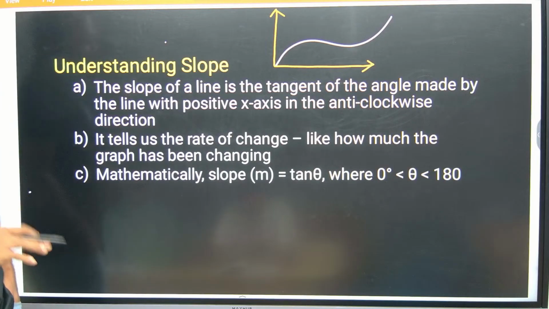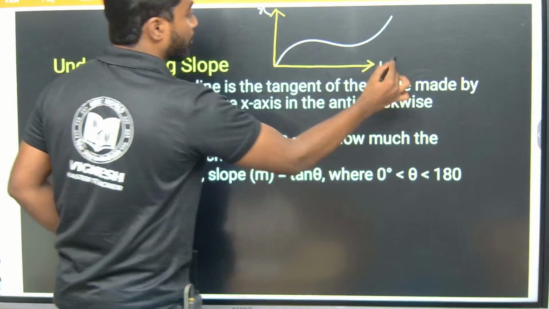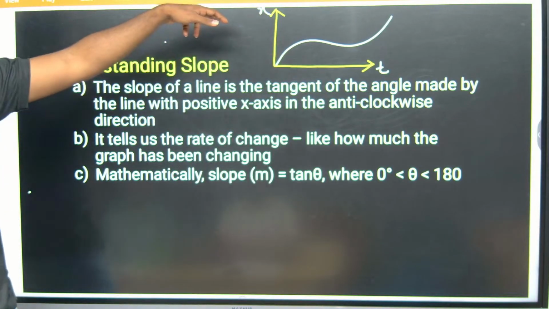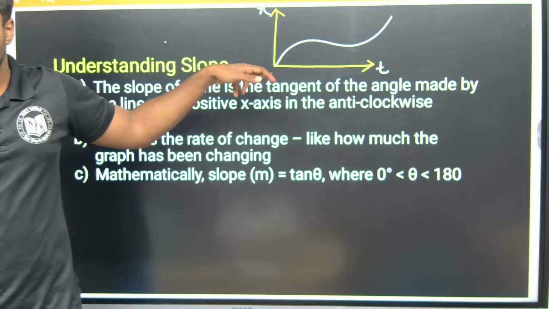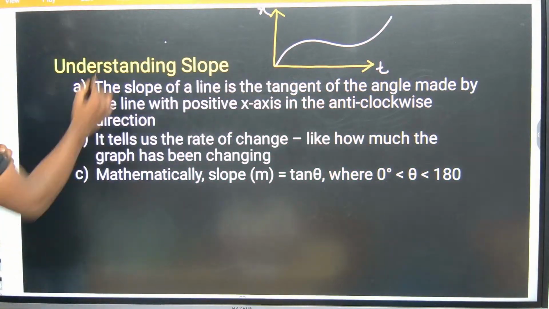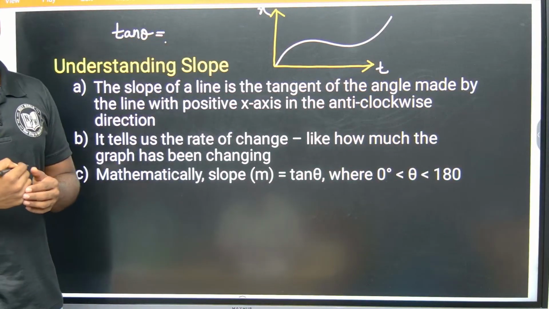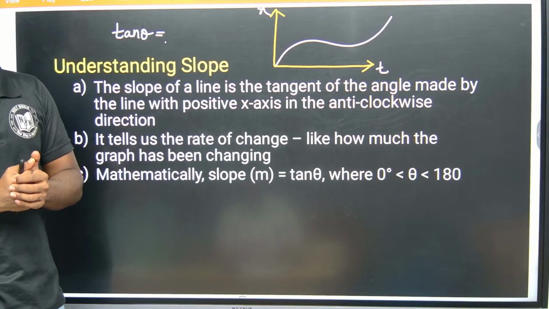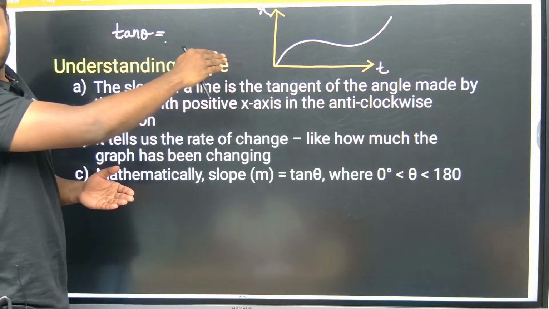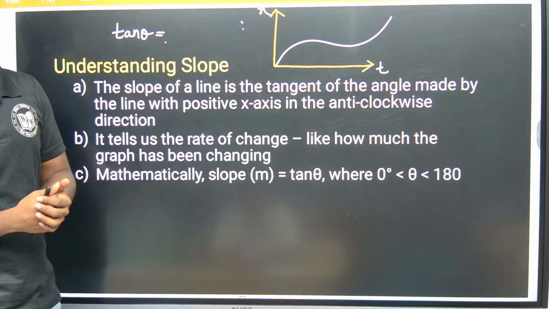If I take position versus time, the tangent is nothing but a slope. Slope is tan theta. What is tan theta? Adjacent by hypotenuse, or opposite by adjacent? Opposite by adjacent. What is opposite here? This is the y axis, so y by x.